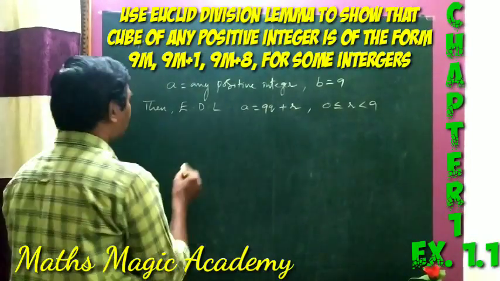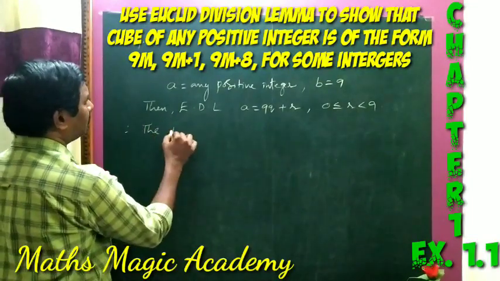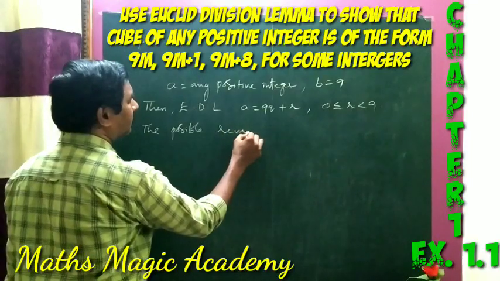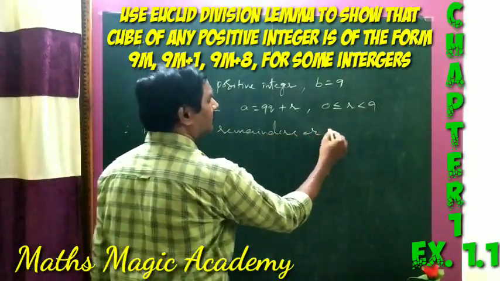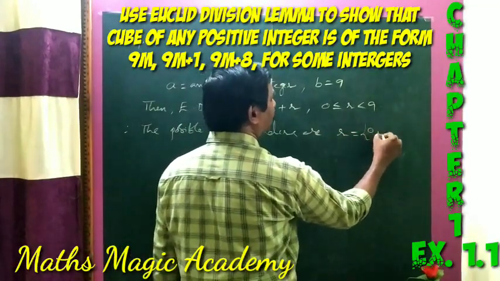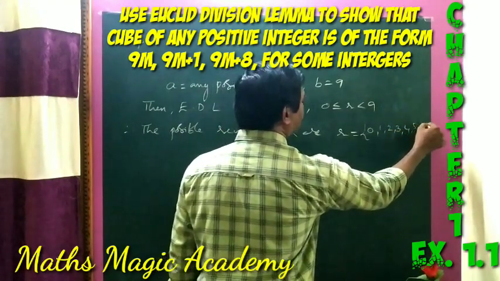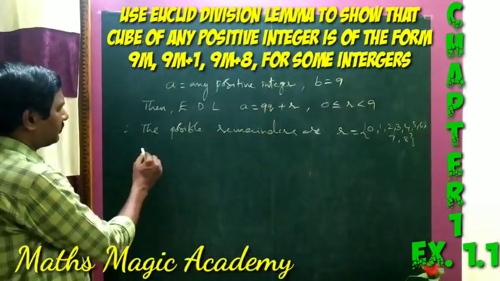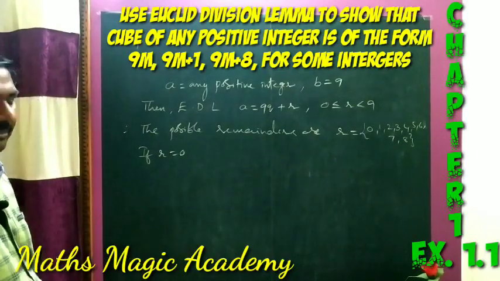Therefore, the possible remainders are r equals 0, 1, 2, 3, 4, 5, 6, 7, 8.